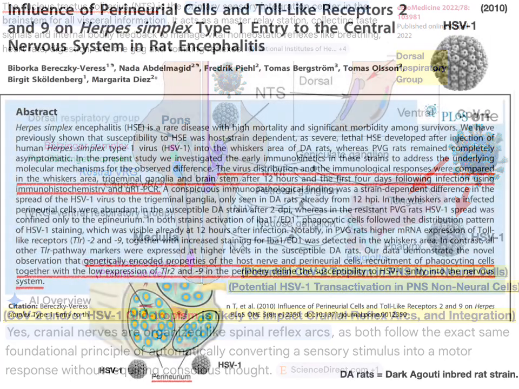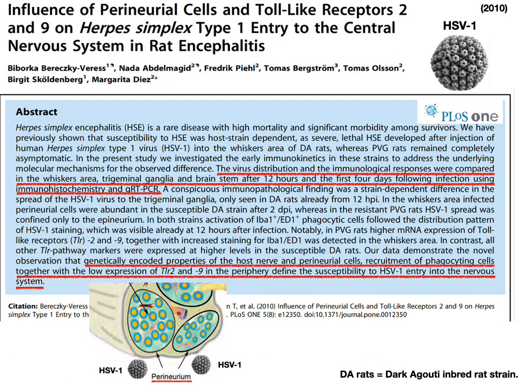And that takes us to this paper published in 2010, a seminal paper which should guide immediate and long-term study into the roles of gliotropism, particularly of the perineurium. This paper, Influence of Perineurial Cells and Toll-like Receptors 2 and 9 on Herpes Simplex Type 1 Entry to the Central Nervous System in Rat Encephalitis.